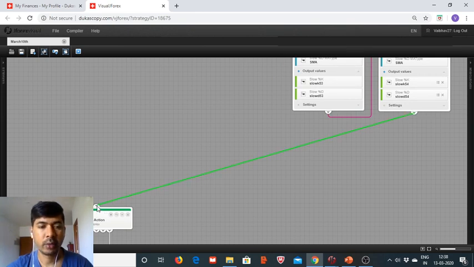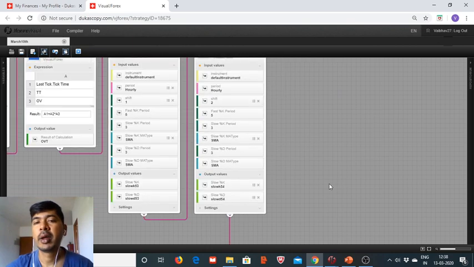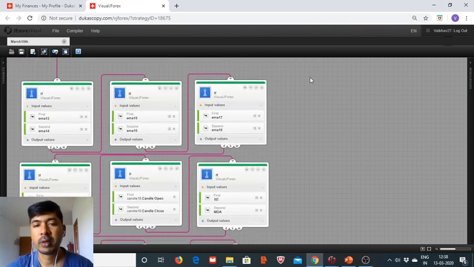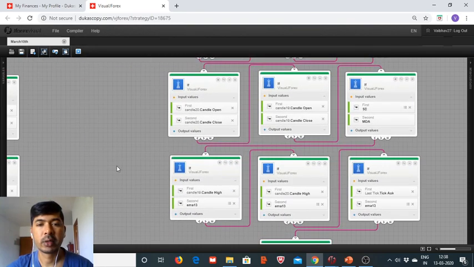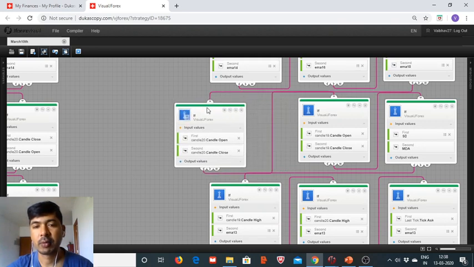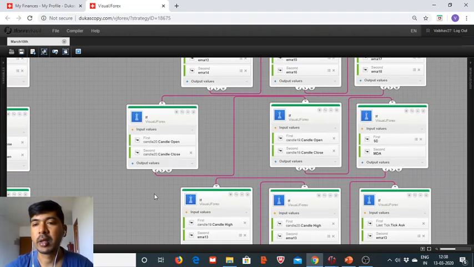Then we connect it to the multiple action, and we are going to drop one condition before we take in other conditions, and that was candle 20. So this is the candle 20 requirement, that candle open should be less than the candle close, which would have meant that 2 periods back the candle was closing in green.